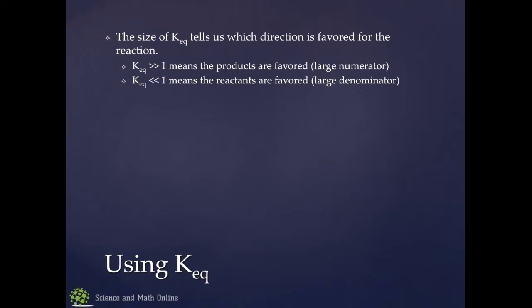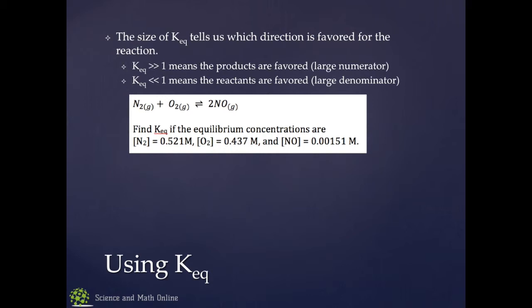So let's look at an example and see how this works. Here's a reaction between nitrogen and oxygen, and we want to find the value for KEQ if these are the equilibrium concentrations. I give you the concentration of the nitrogen, the oxygen, and the nitrogen monoxide, and you need to figure out what KEQ is.